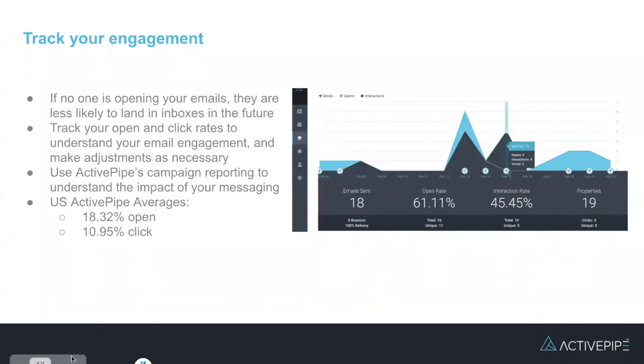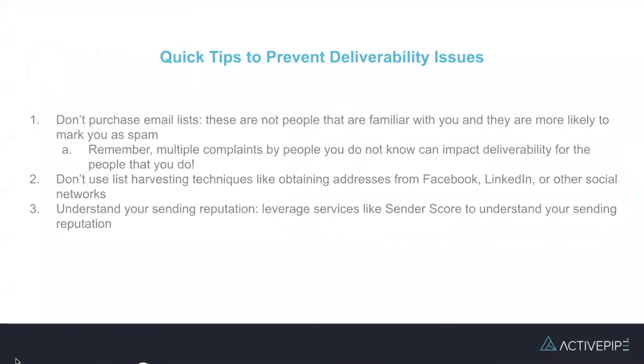So, quick tips to prevent deliverability issues. The last few pieces of advice that I'll give you are, first of all, do not purchase lists. This is a really big no-no. We've seen it happen several times. Buying lists is getting more and more dangerous for your sending reputation. We've seen some lists that actually have spam traps in them.